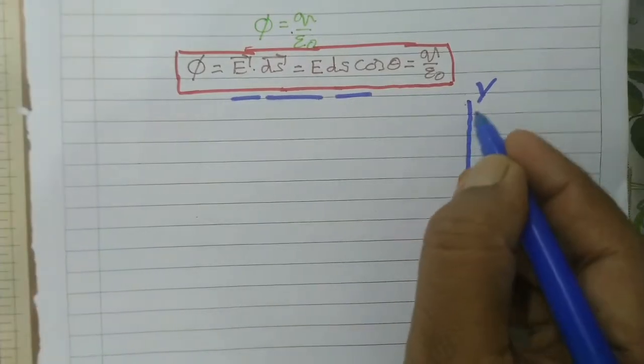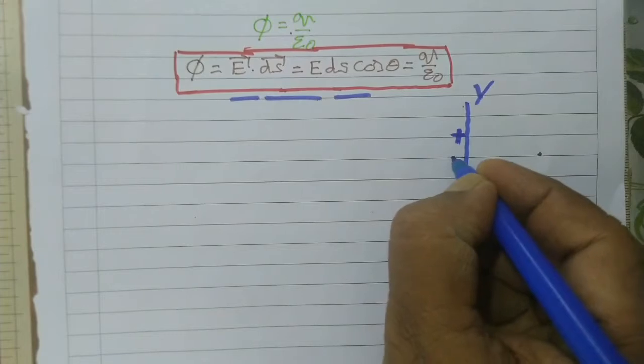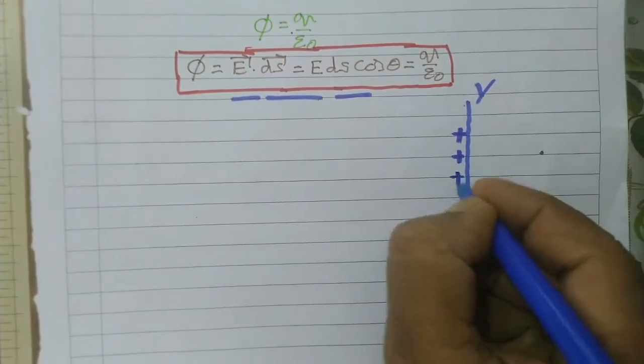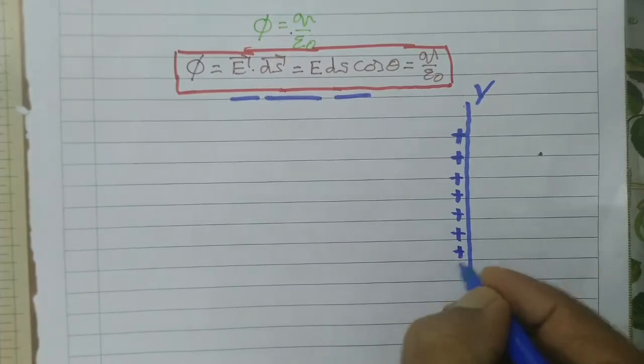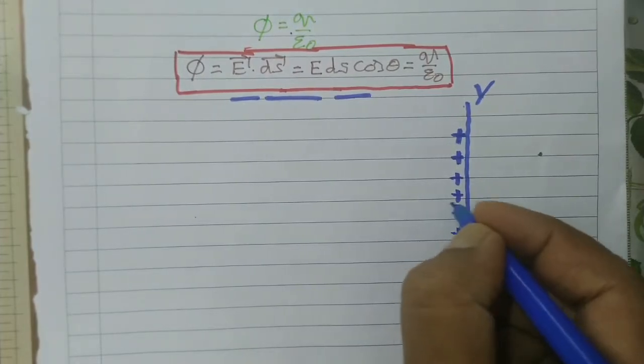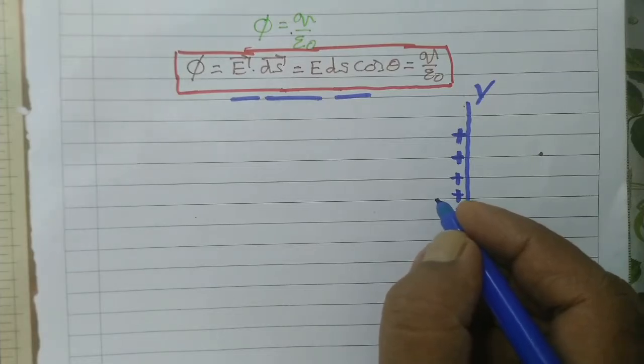Now this long wire is having a positive linear charge density lambda. Already we have learned about lambda and its unit and all those things. So I can say simply that it is having a positive charge.